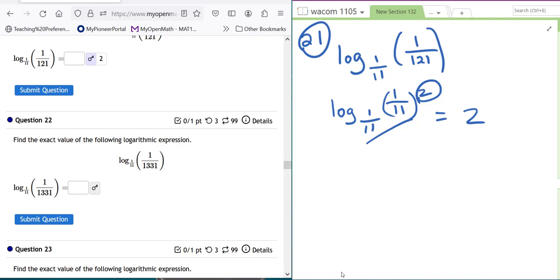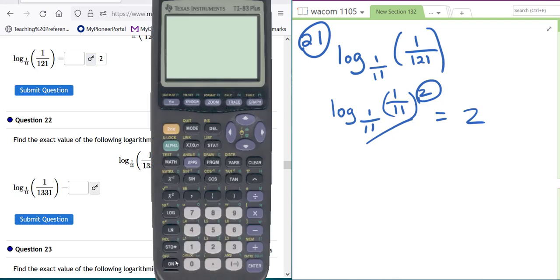All right, this one's going to kind of be the same thing. You'll just see 11 to what power is going to give you this. 11 to the 3rd.